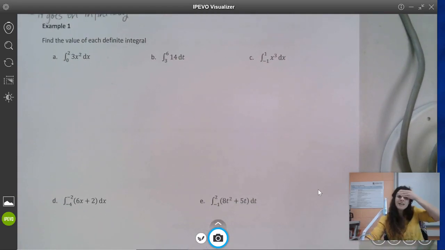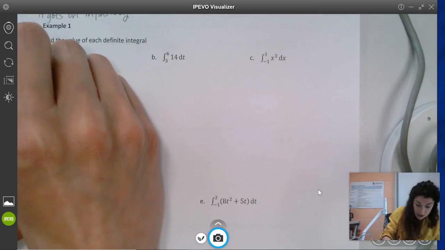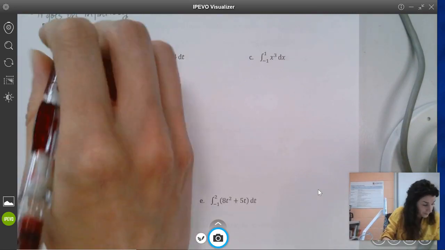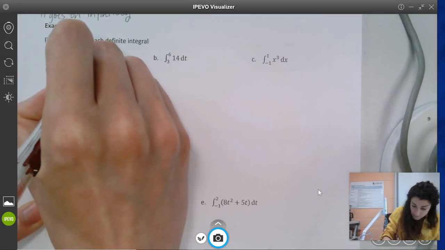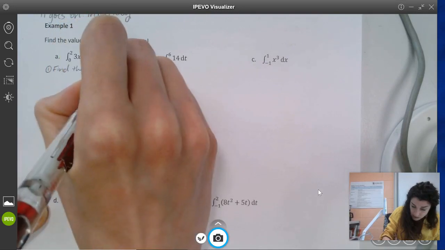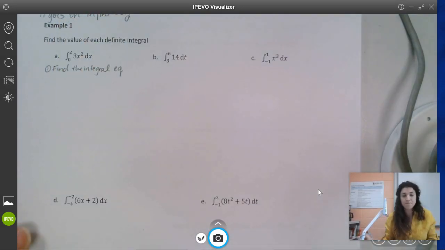So we're going to find the value of each definite integral. Our first step with finding a definite integral is that we just need to find the equation. EQ for equation.